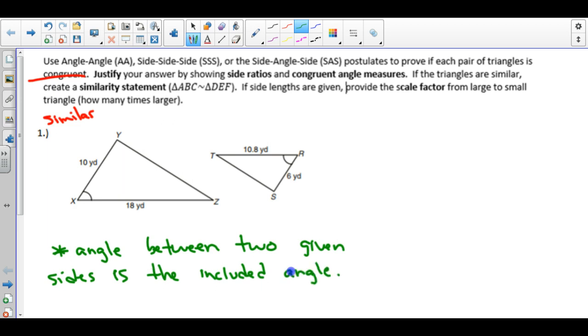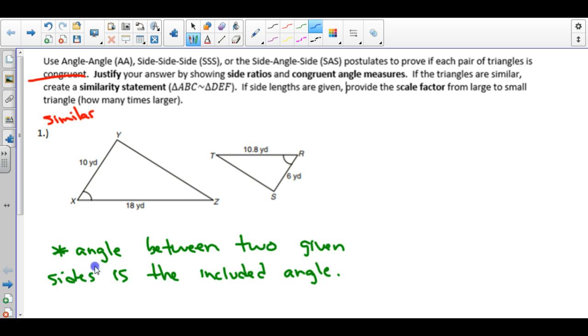And it's a vocabulary term, and what it basically means is this is the angle that is between these two sides that would be proportional, hopefully, to these two sides if these are similar triangles. So if you were to follow an order, this would be side, angle, side. So that's why we call it the side, angle, side postulate.